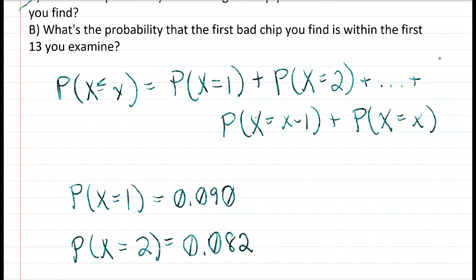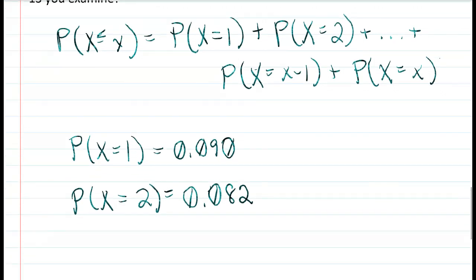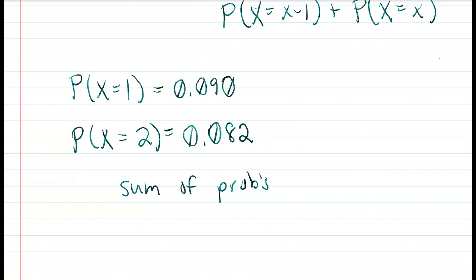We know how to calculate these probabilities from previous understanding. Then, using the same process, identify the probability that each subsequent chip you examine is the first bad chip, and take the sum of the probabilities to find the probability that the first bad chip is within the first 13 you examine.